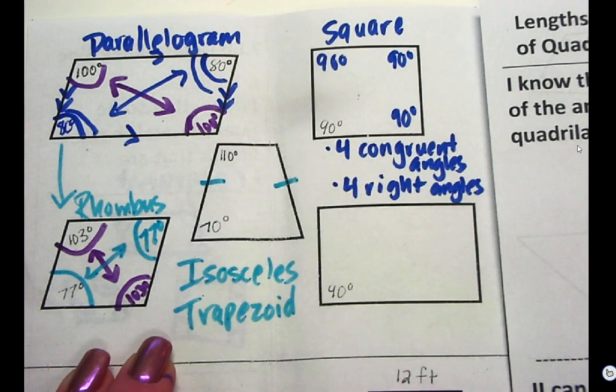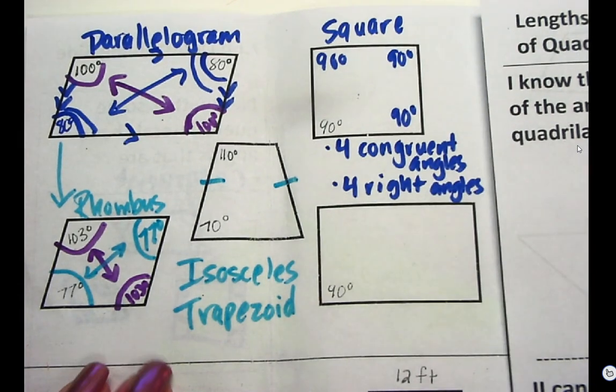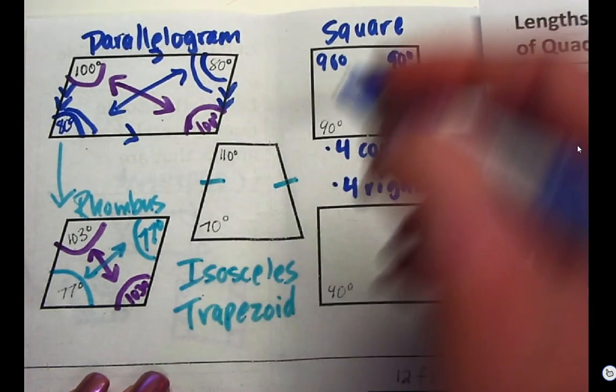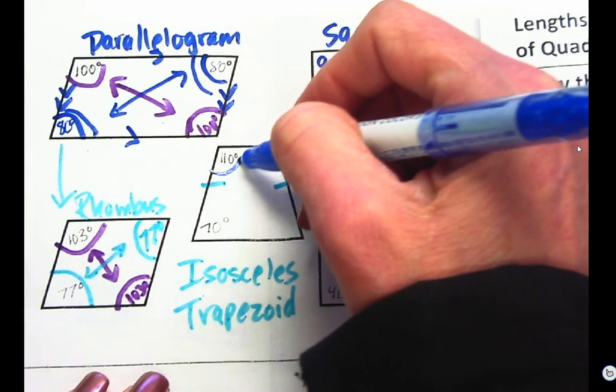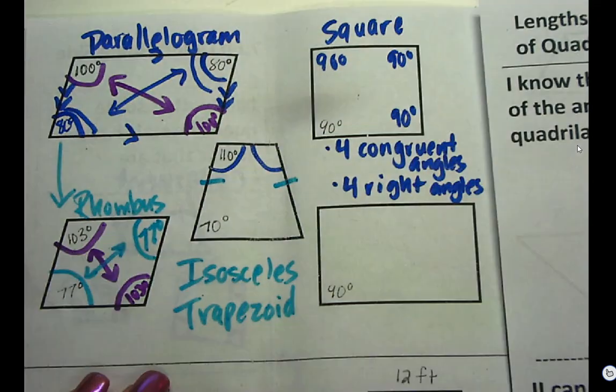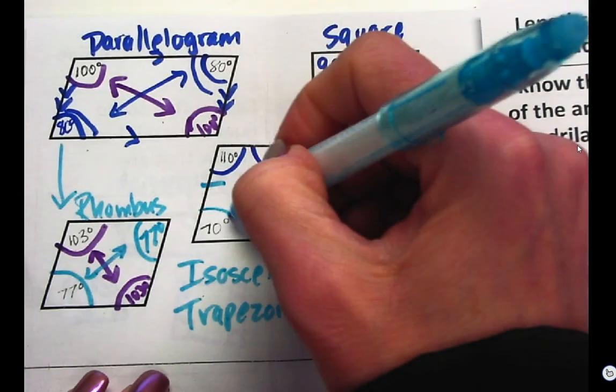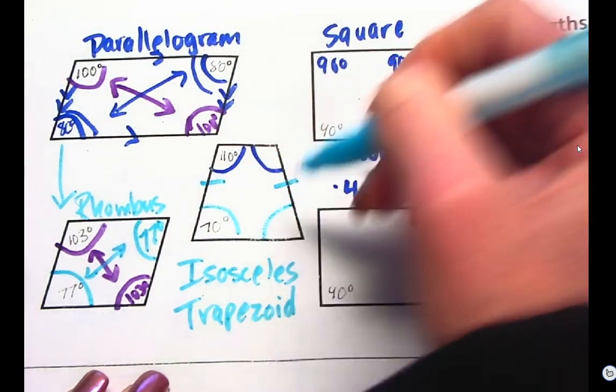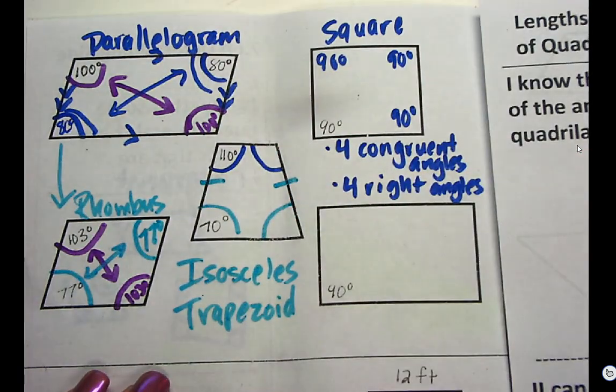So for an isosceles trapezoid, this angle here is actually going to be congruent to this angle here. You see that? They're right next to each other. And this angle here is going to be congruent to this angle here. So it's not opposite. It's going to be adjacent, or angles that are right next to each other.